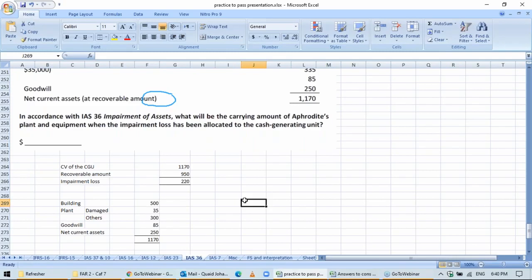Please follow the sequence that I use. First, I have already calculated the impairment loss. Now I have to allocate this loss to various assets over here. This is the carrying value amount. Now I'll be allocating the impairment loss to various assets. First, to which asset?